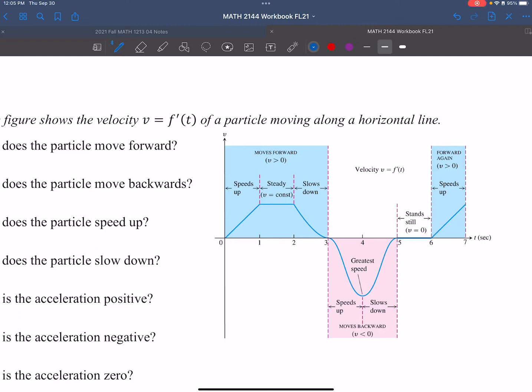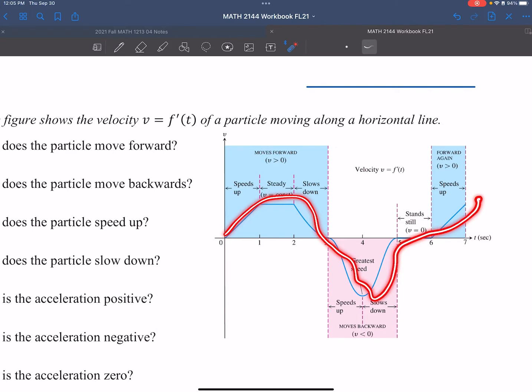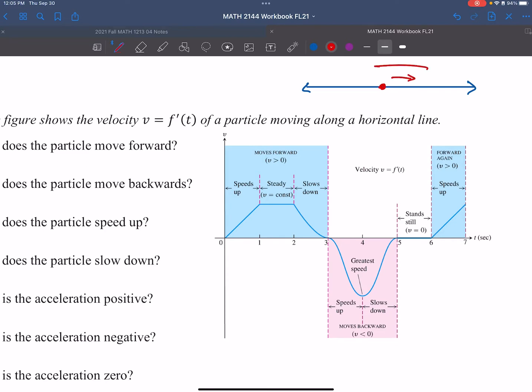So again, maybe just to say, this is not the path of the particle. You can imagine we have a horizontal line like the one I've drawn up here, and on this horizontal line we have a particle that's going to be moving left, and then it's going to be moving right.